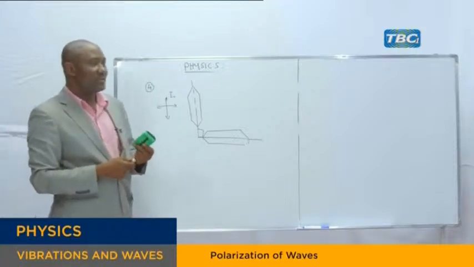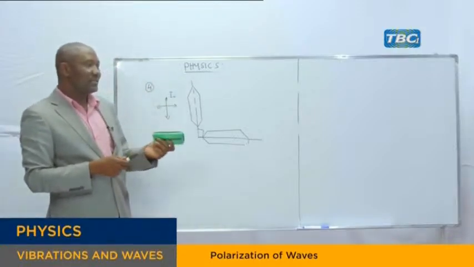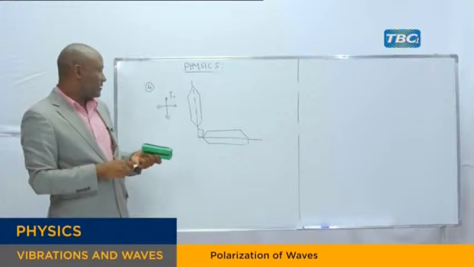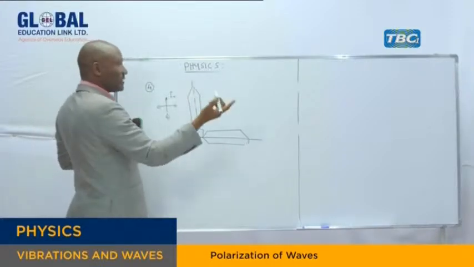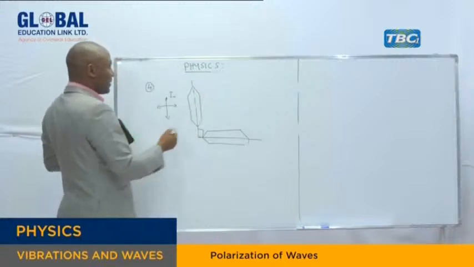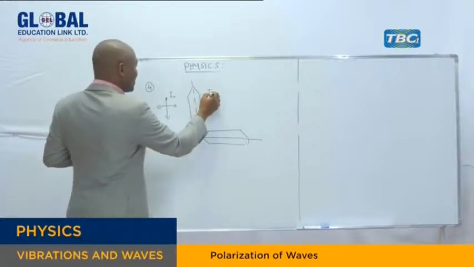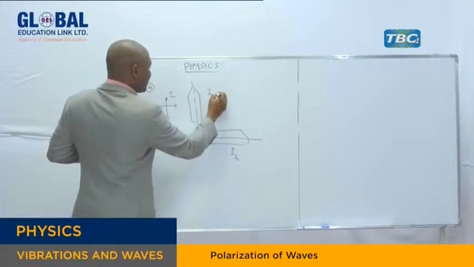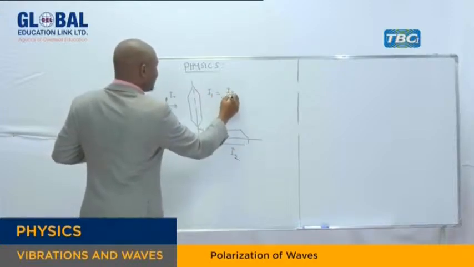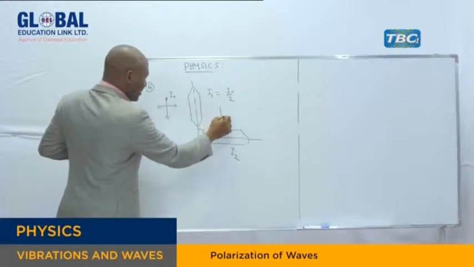What fraction of the incident light intensity is transmitted? It's very easy. We have seen from the third example, this will be I1, maybe, this will be I2, which will be a half of that. And this will be how much?